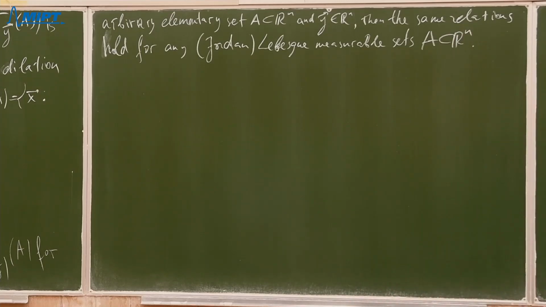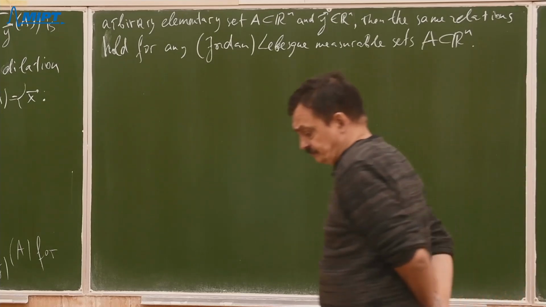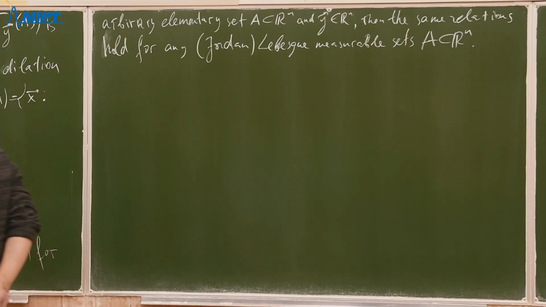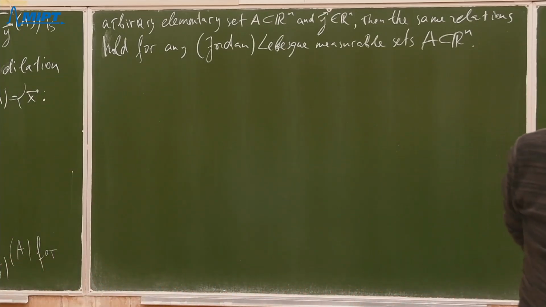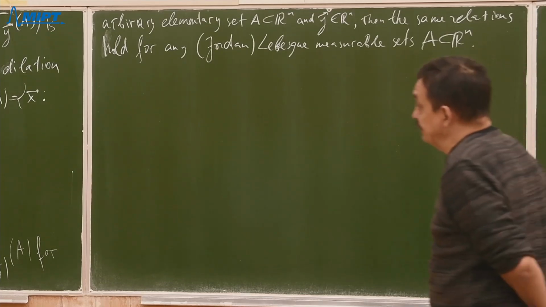So once we have a measurable set, we can approximate it by elementary sets, and for elementary sets obviously we have this property just by looking at what happens with intervals in Rn, right? Okay.